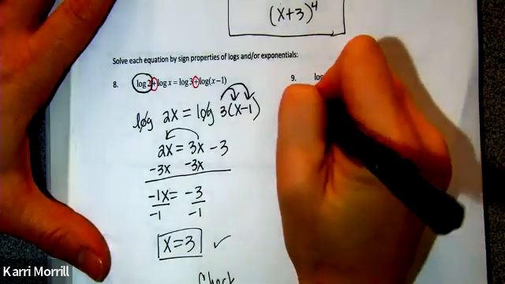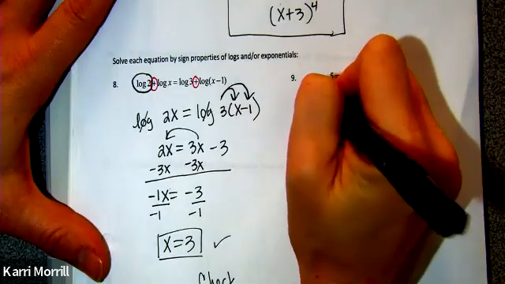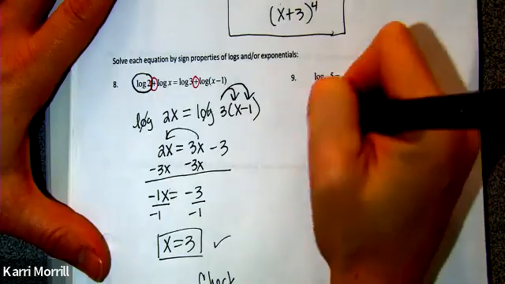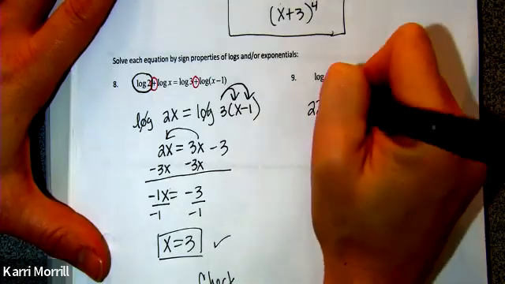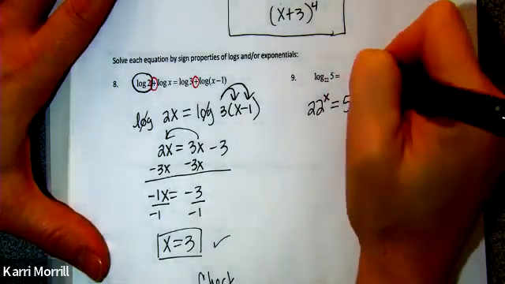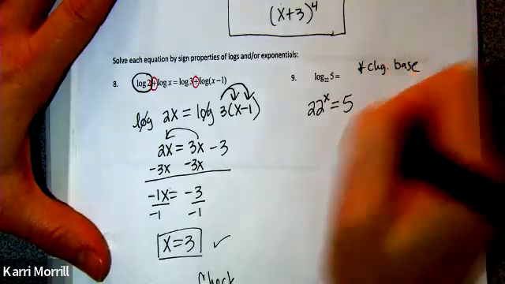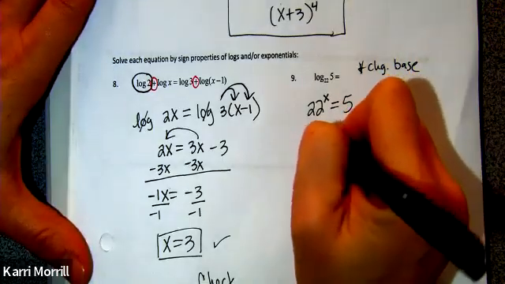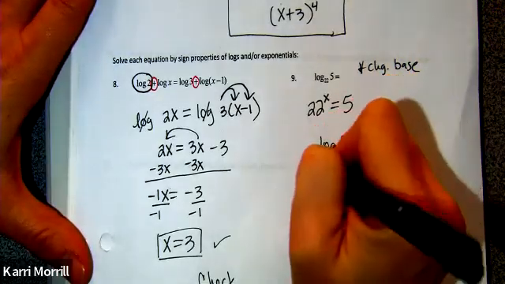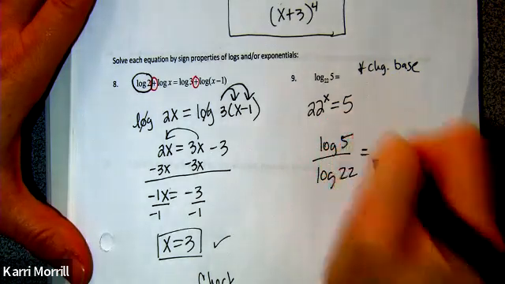If we were to put this in exponential form, we know that there's no number. 22 to a number could never equal 5, so we know that's change of base as well. We already did one like it, so we're going to say log 5 over log 22.